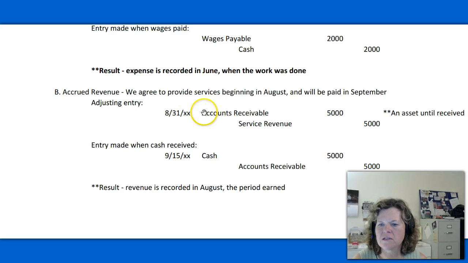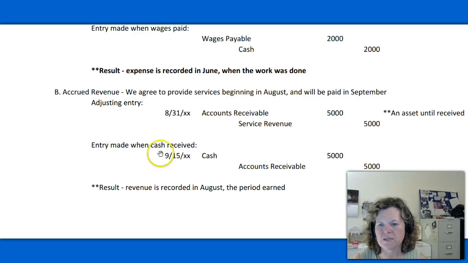So at the end of August, we would be debiting accounts receivable $5,000 and crediting service revenue $5,000. Because again, this is when we actually provided the services. So we want to record that revenue in the proper period. This accounts receivable is an asset, and it's an asset until we receive the cash, because the customer owes us that money. They've promised to pay us.